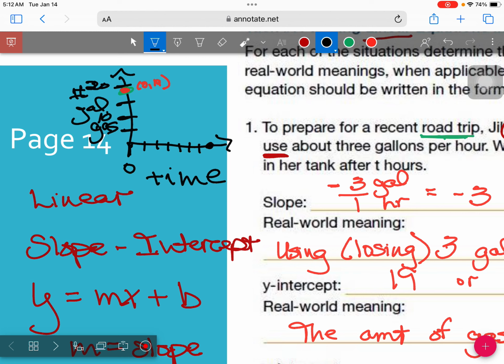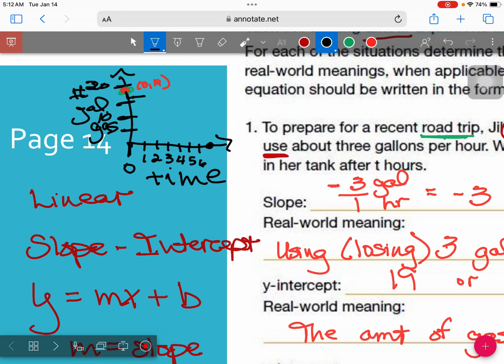So if it's at 19, she would go 19 minus 3, down 3, and over 1 would be 16. And then from 16 down 3, over 1.